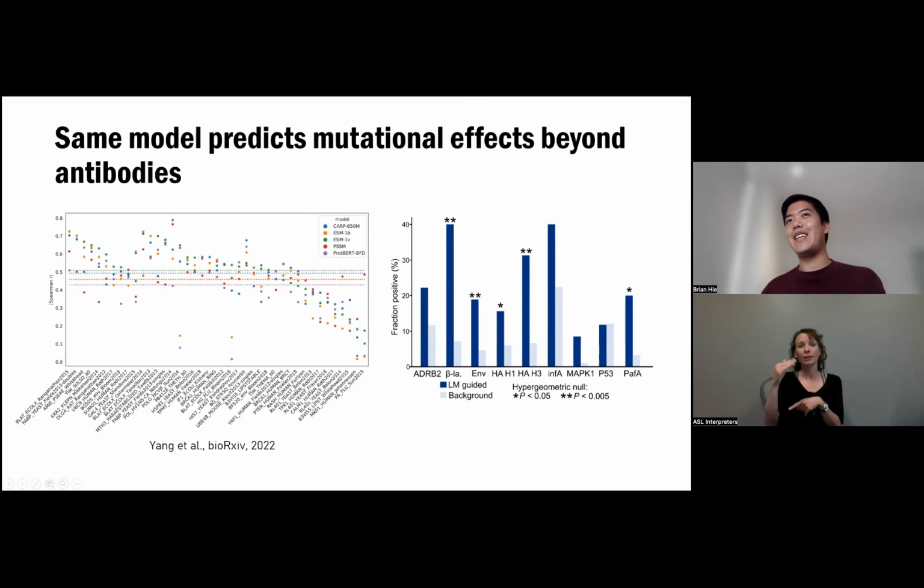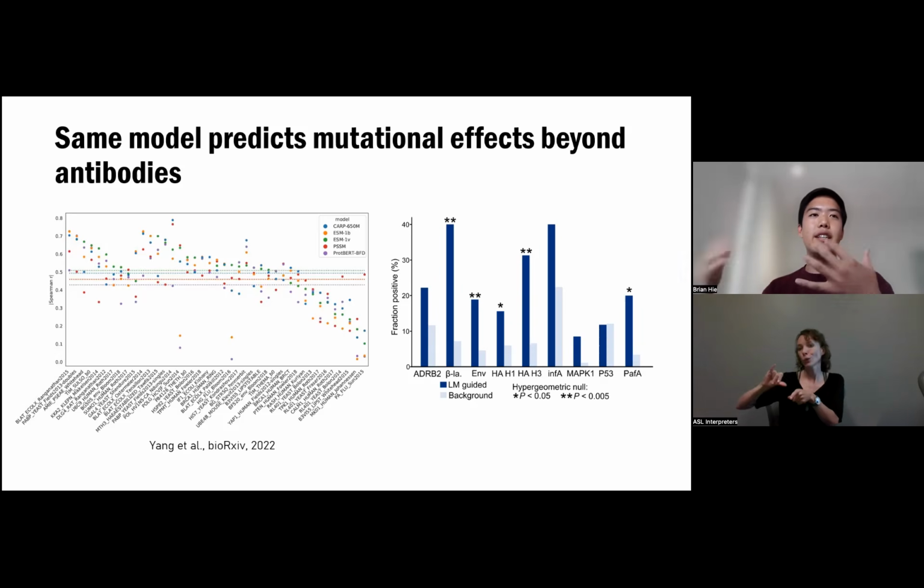Lin Wang asks, is it possible to predict the outcome of VDJ recombination? I think that's a really cool project. The language models we use would potentially not be the best solution to this. It might benefit from more traditional approaches, based on multiple sequence alignments, maybe specialized to antibodies as well.